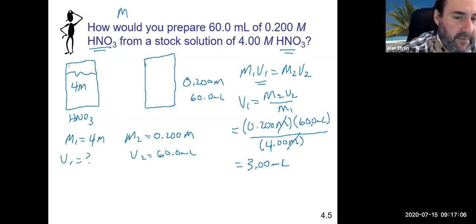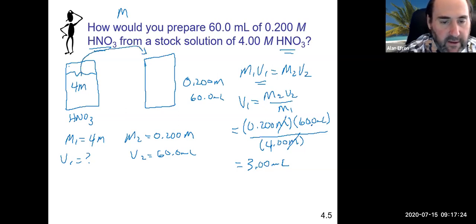So what does that 3 milliliters really mean? What that 3 milliliters really means is that is how much of the more concentrated solution I need to take out. So what I'm going to do to make this solution is take out from here and put into here 3 milliliters of that solution.